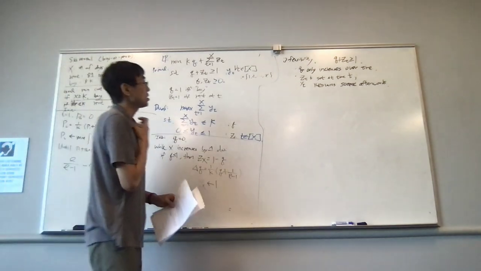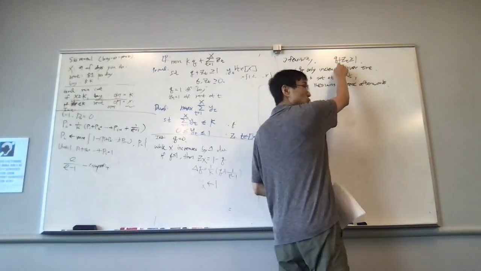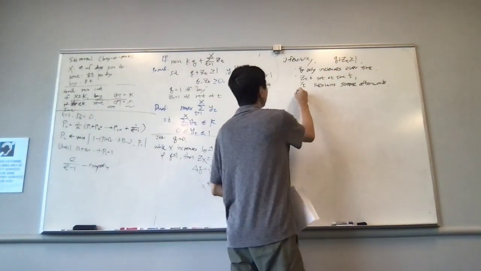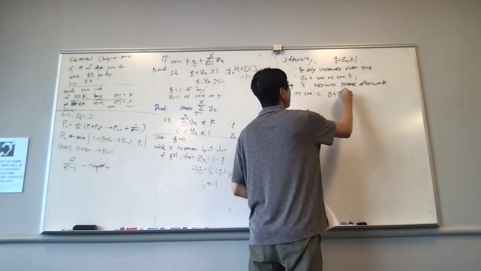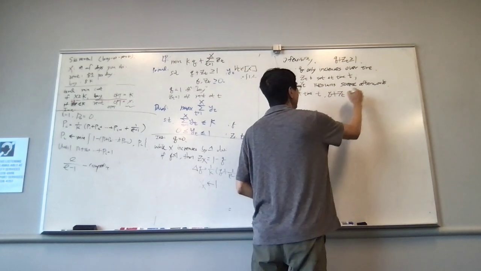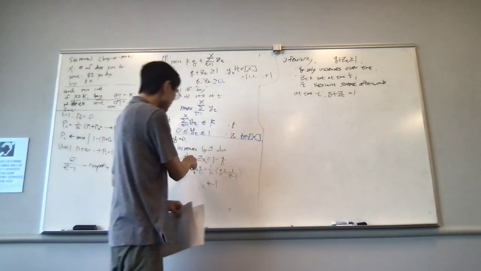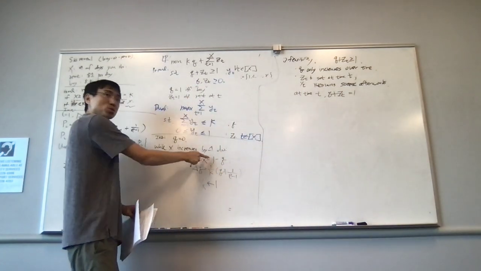So why is this true? At time t, Q plus z_t equals 1. That's how I set it.